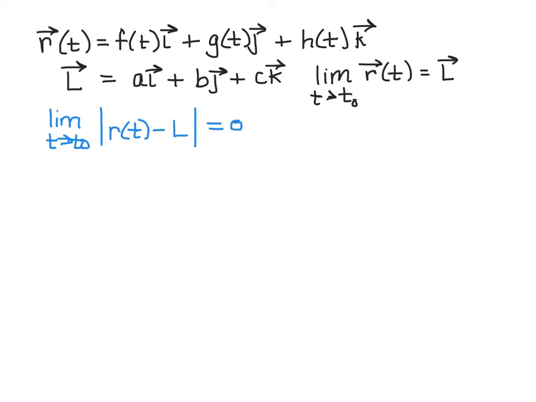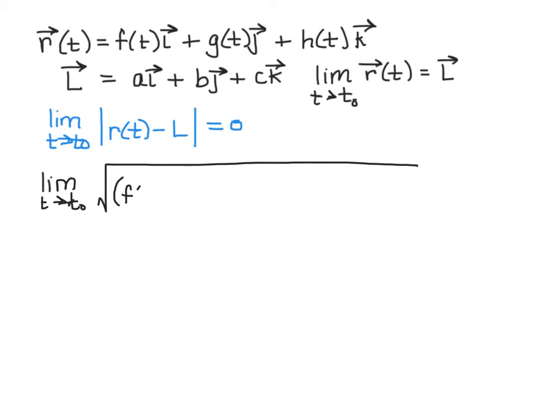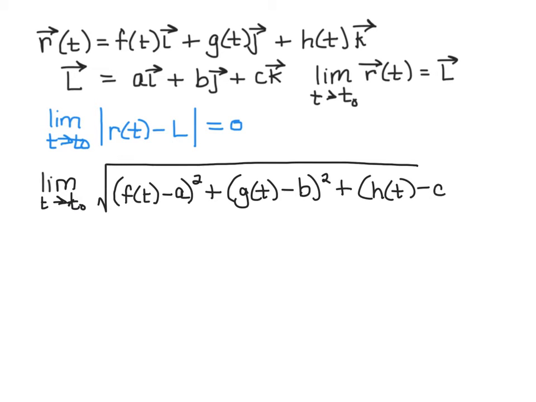So to work this limit out, we would say, what is the limit as t approaches t naught of the square root of f of t minus a squared plus g of t minus b squared plus h of t minus c squared. And I'm hoping that you recognize this as the formula for magnitude.